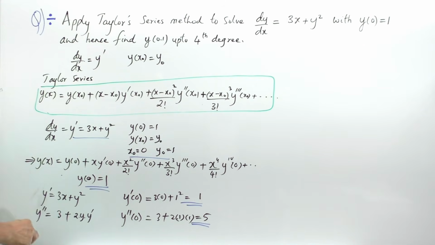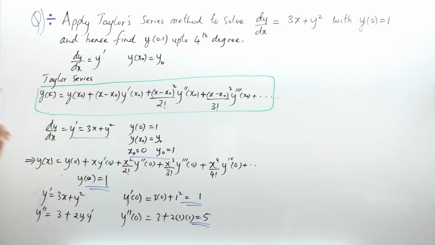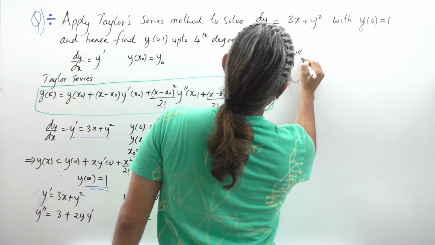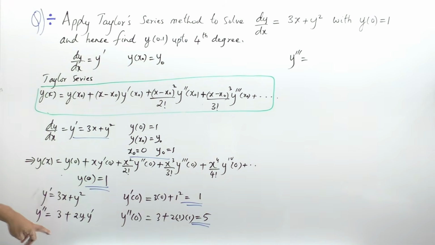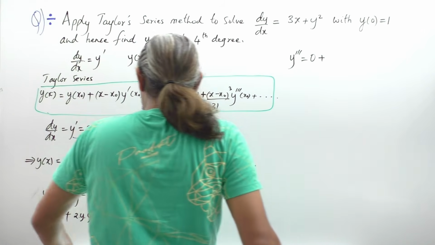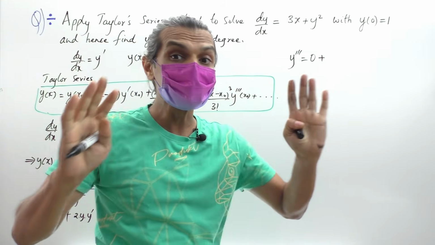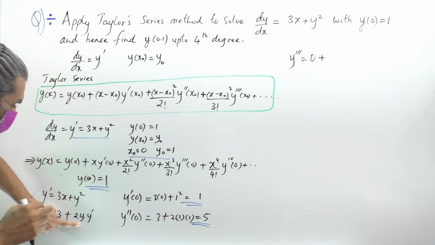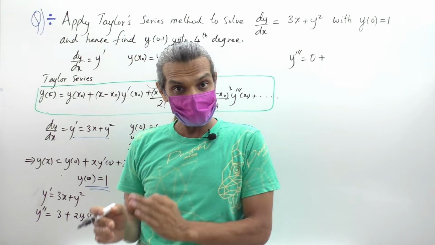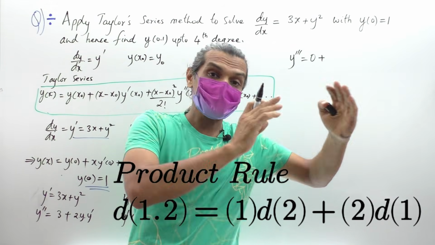Now we need to find which value? Y triple dash. That means we need to differentiate this term again. So y triple dash equals, what's that? Derivative of 3 is constant, 0, plus, again 2y into y dash will be what? Product rule. What is product rule? Differentiation of first and second function is keep first function as it is, differentiate the second function, plus keep the second function as it is and differentiate the first function.